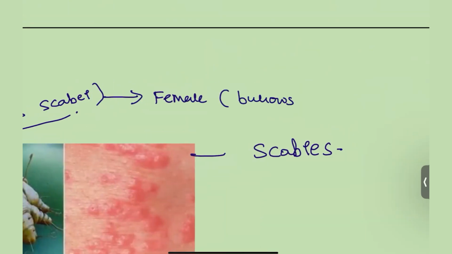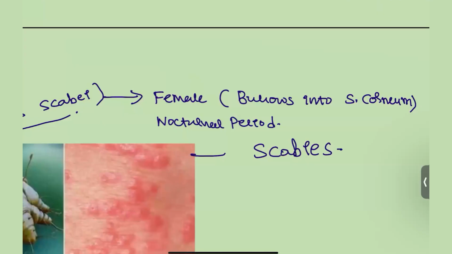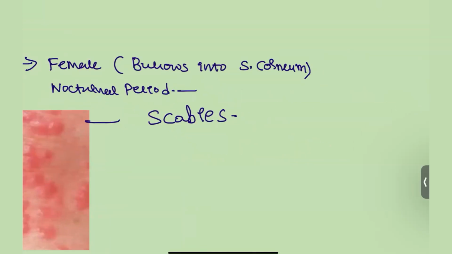Burrows into our stratum corneum during the nocturnal period. So when they are making the burrows at night, we are going to have itching, especially in the hands and genitals.